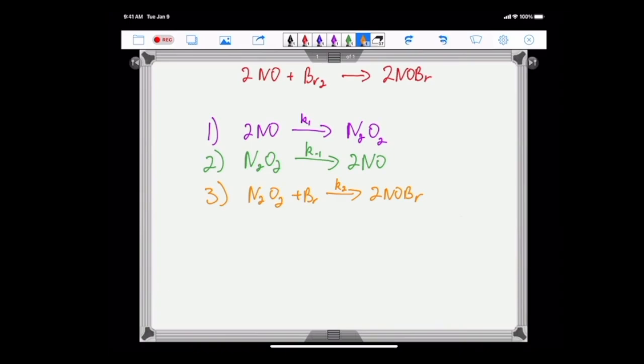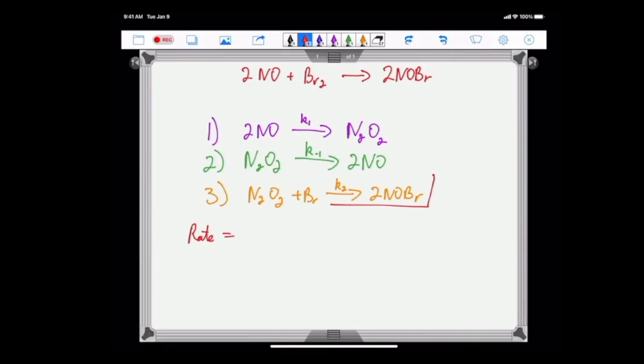So that's step 1. We've drawn individual pieces. If you look at the approximation we said, what we're going to do is define the rate of the reaction in terms of this final step. So it's the rate of formation of our product, in this case the rate of formation of this last step over here.